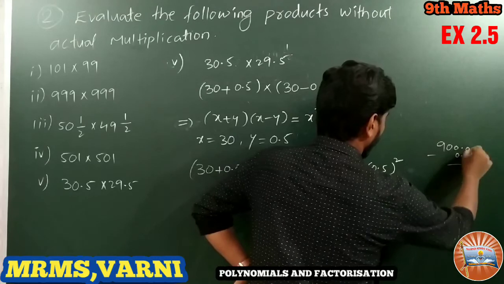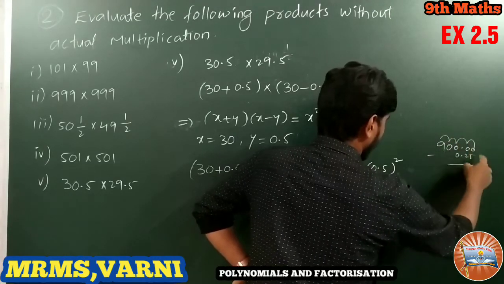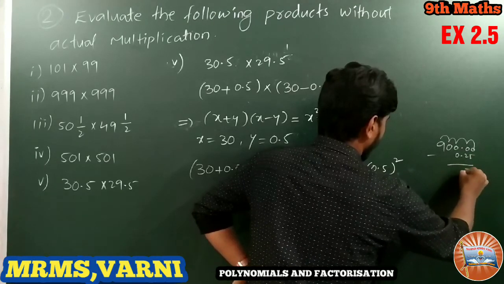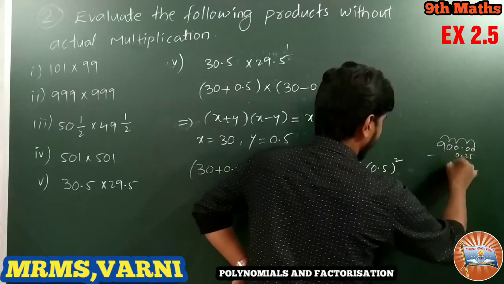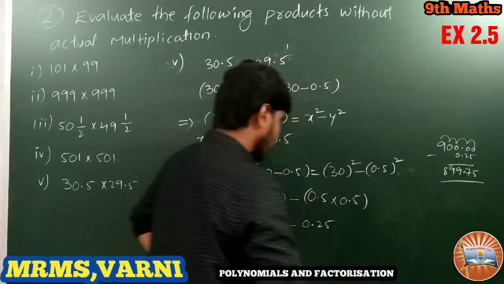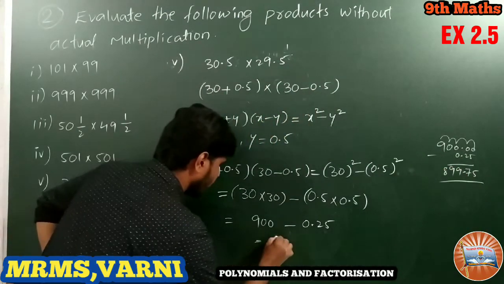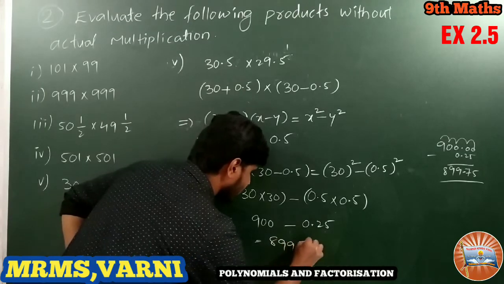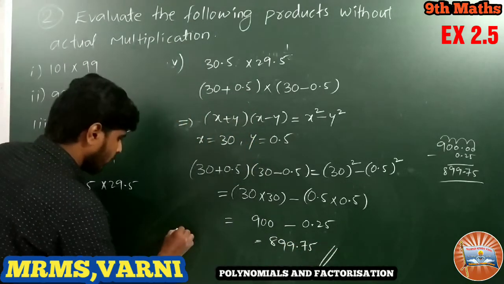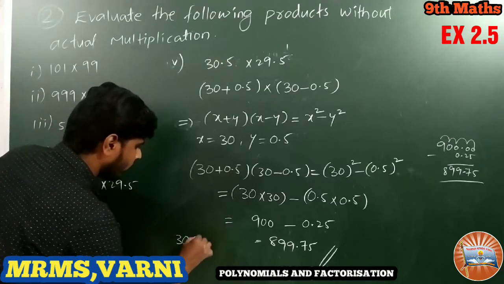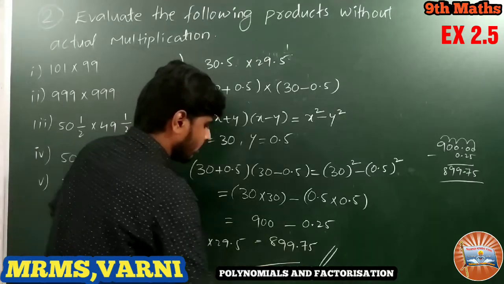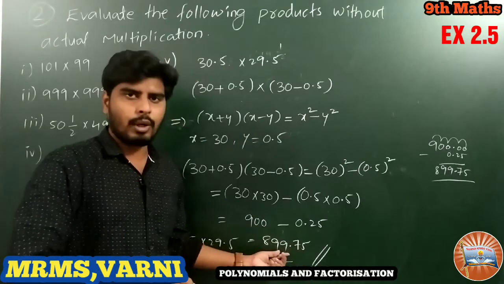Okay, so take the borrow from here, 10 minus 5 is 5, 9 minus 2 is 7, point, here it is 9, here it is 9 and here it becomes 8. So 899.75. 899.75 is the required answer. It means the required product: the product of 30.5 into 29.5 is nothing but 899.75.